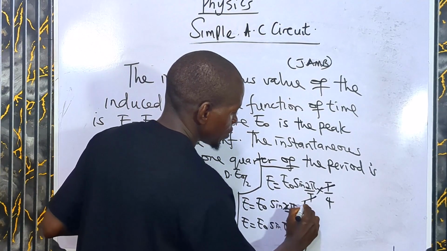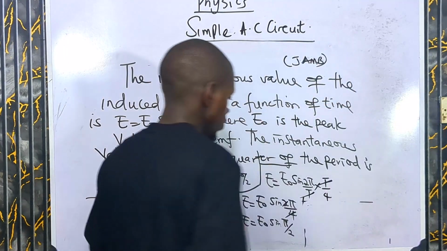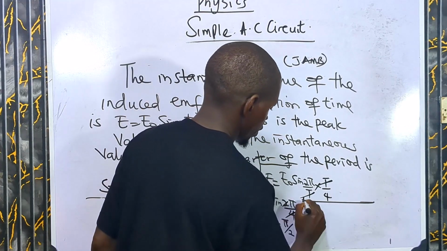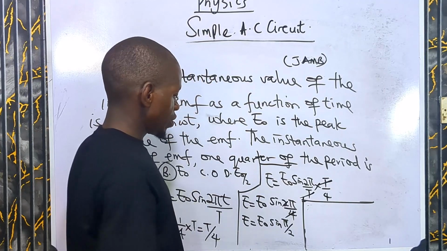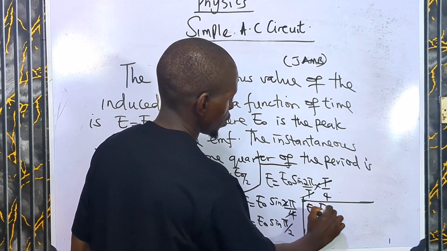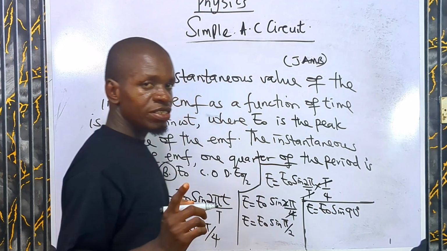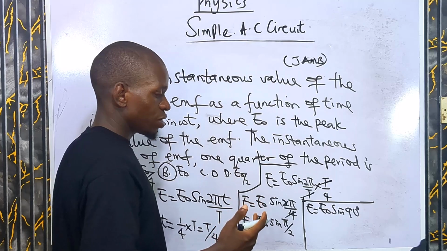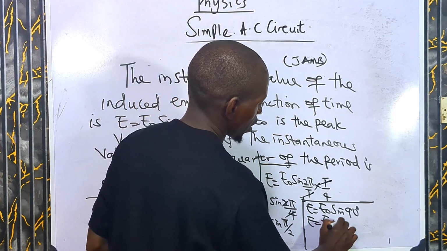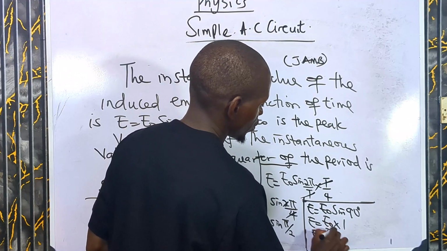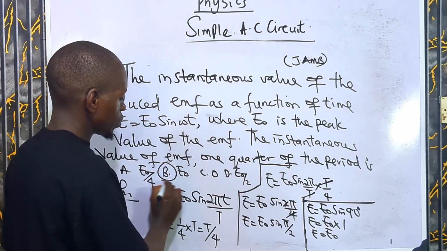So since we know that pi over 2 is 90 degrees, I'll just say that my E is equal to E0 sine 90 degrees. And what is sine 90 degrees? In terms of special angles, sine 90 degrees is equal to 1. So E is equal to E0 times 1, so E is equal to E0. And this is my correct option.